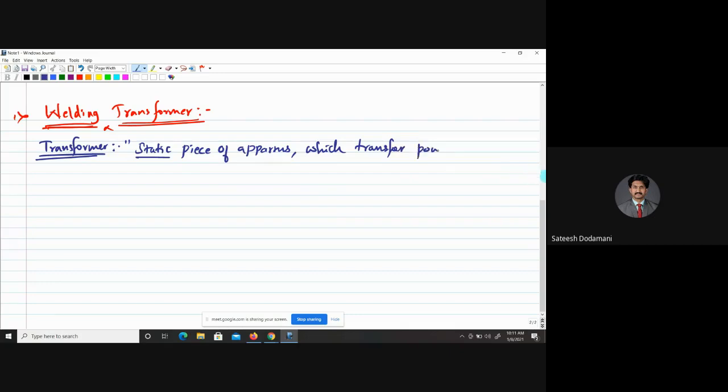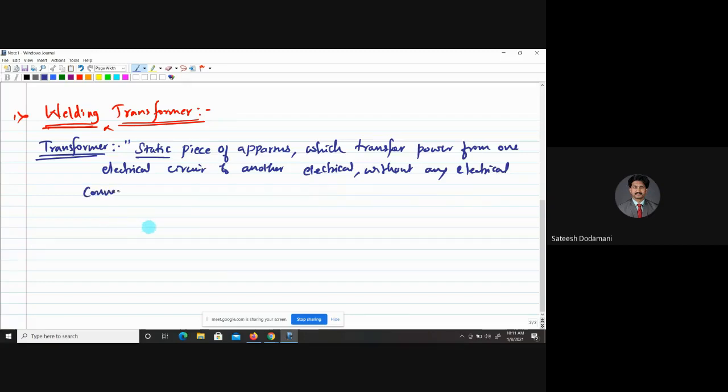transfers power from one electrical circuit to another electrical circuit without any electrical connection, and keeping frequency constant.